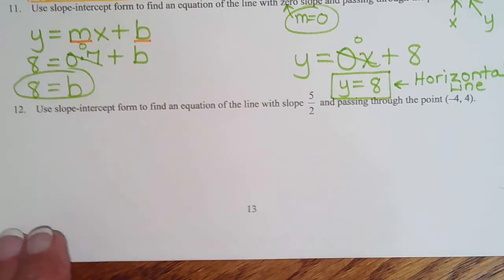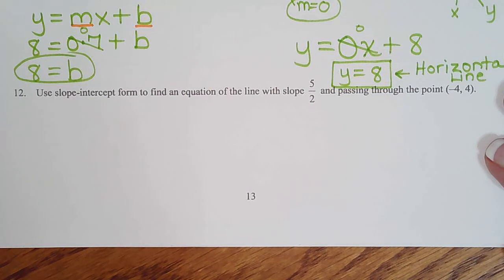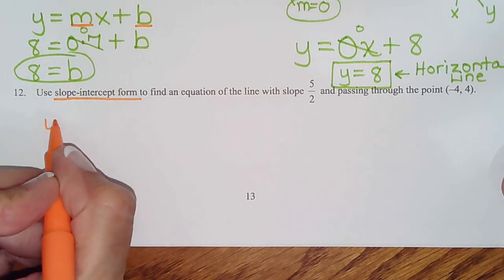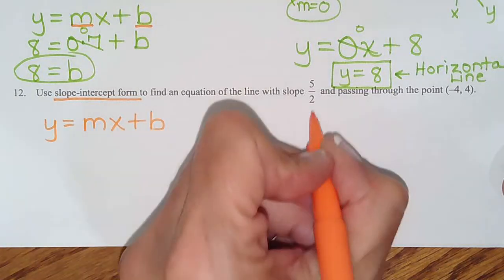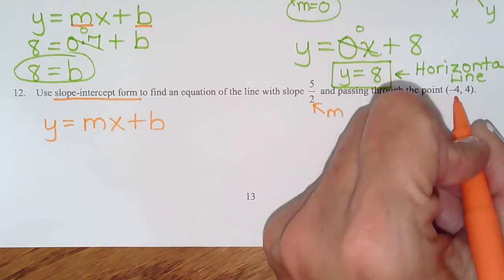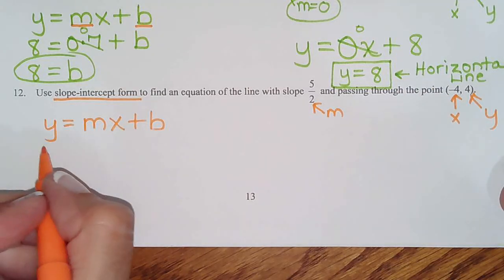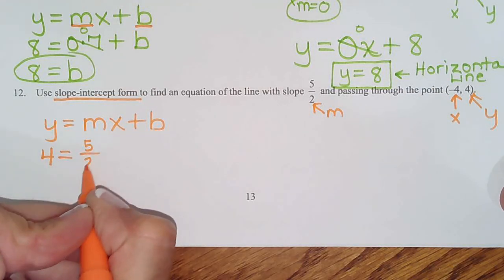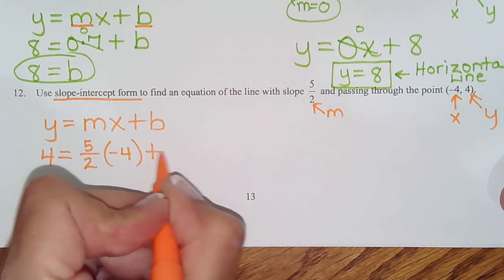Okay, your turn. Go ahead and turn off the video and then join back up with me and we'll check your work. Okay. So use slope-intercept form, y equals mx plus b. Here's my m, here's my x, here's my y. So y is 4, m is 5 over 2, x is negative 4, plus b.